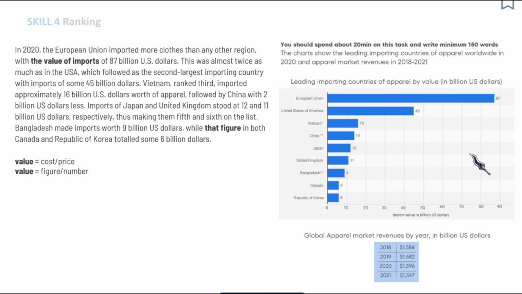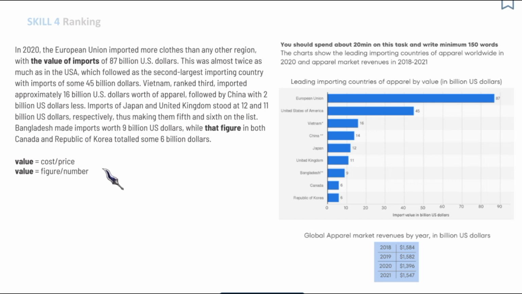In the bar graph, we are talking about imports, and there are a few countries like European Union, USA, Vietnam, and so on. And there is a corresponding number, figure for imports. So we will have to talk about these numbers. How? Well, for that we can use the word value.